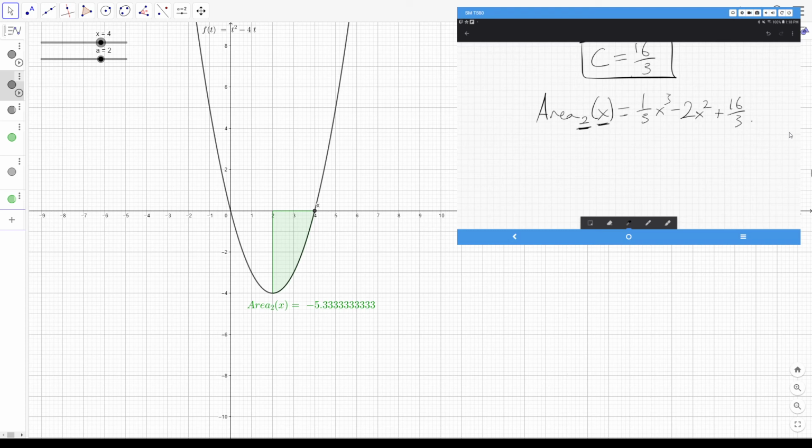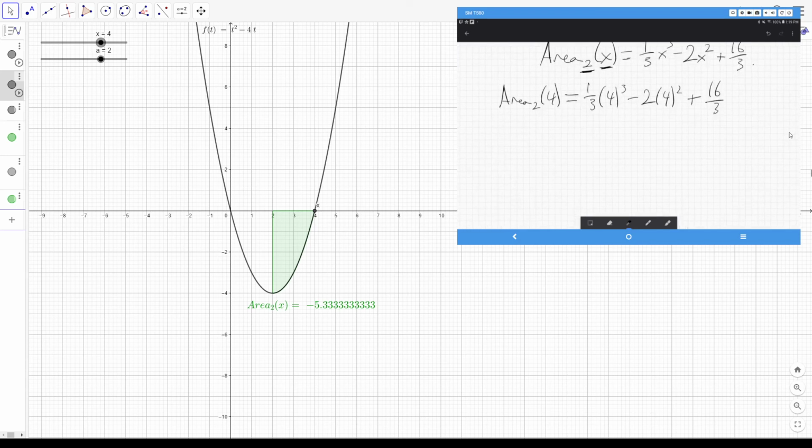In this case, we want x to be 4, as pictured in the graph to the left. And so I would like to figure out what is area sub 2 of 4. So that means I'm going to plug 4 in everywhere there's an x. I'm going to say 1/3 times 4 cubed minus 2 times 4 squared plus 16 thirds.